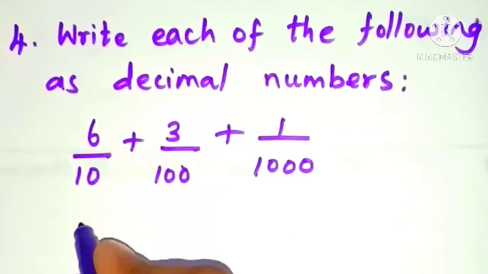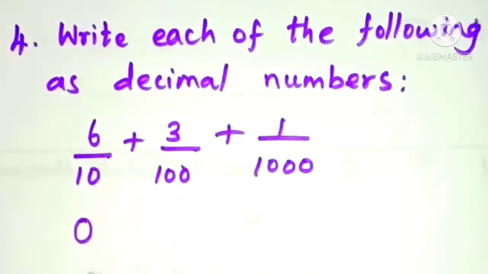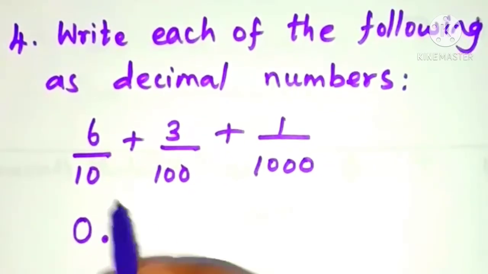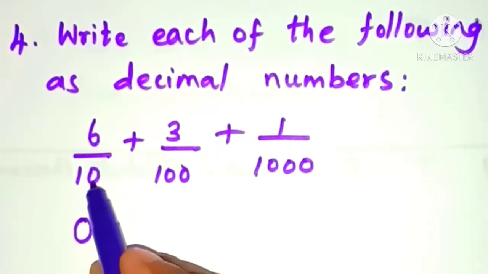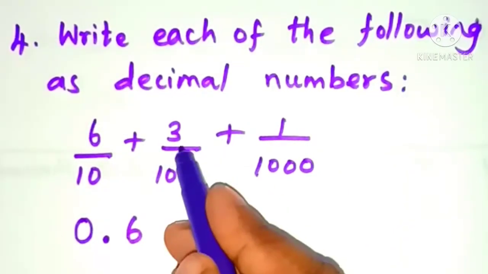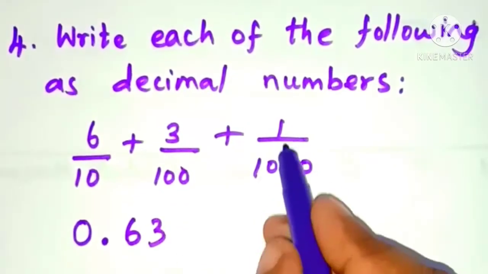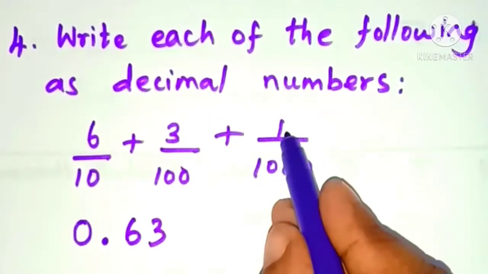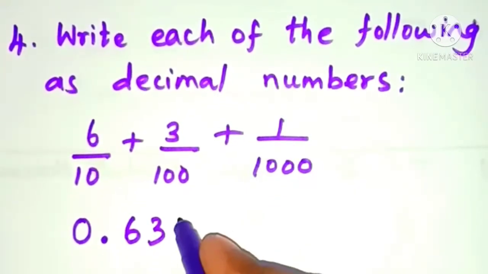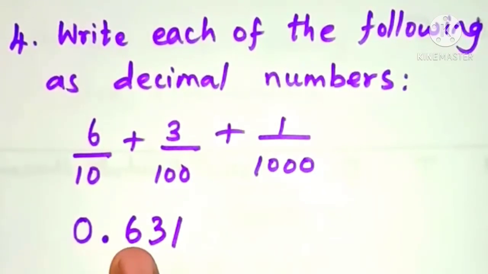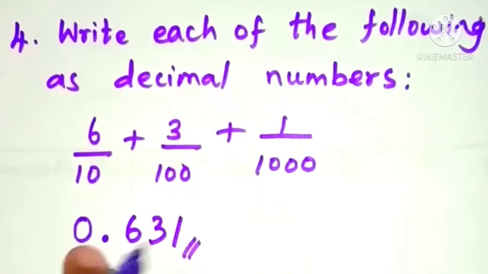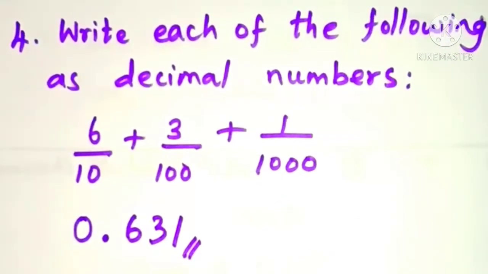If there is no digit in the whole part, take it as 0. Point. The digit in the 10th place is 6, and in the 100th place the digit is 3, and in the 1000th place there is a digit which is 1. So 0.631 is the decimal number of the given fraction.